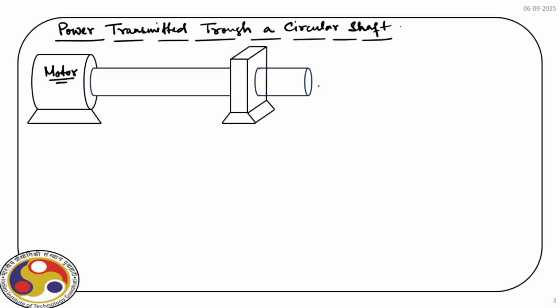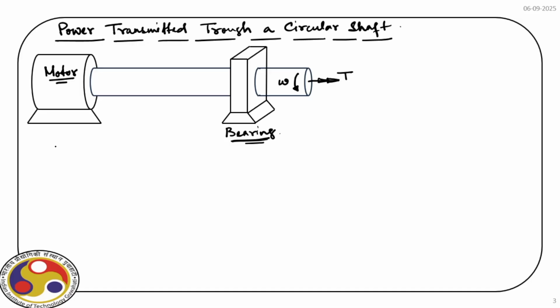Now with this motor, obviously we apply a torque, and that is connected to a bearing here. And because of this torque, the circular shaft rotates with the angular frequency, say omega.